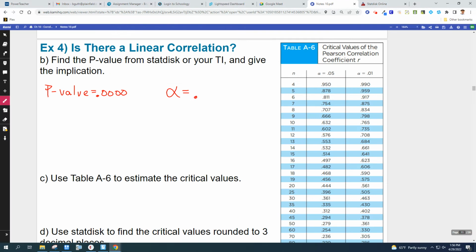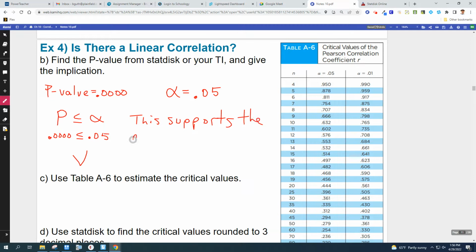So alpha is 0.05. So we had something earlier that said if the p-value was less than or equal to alpha, which it is, the implication is this supports the claim of a linear correlation.